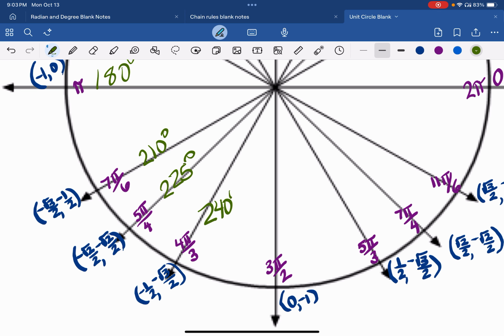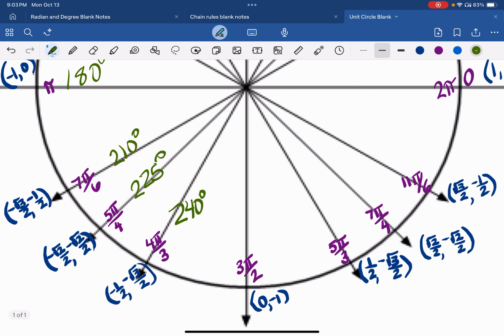240 degrees. And then 3 pi over 2, 270 degrees. We add 30 degrees from here to here. And if we plugged in 180 for pi, you would say 3 times 180 divided by 2, which would give you 270. And then 5 pi over 3, we add 30 more degrees, we get 300 degrees.